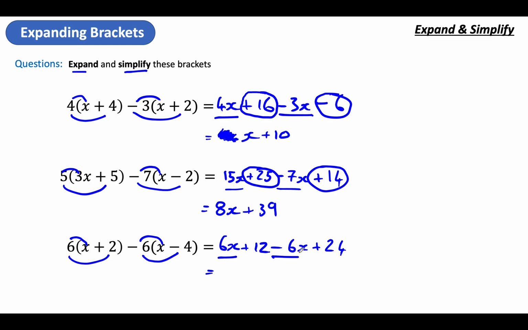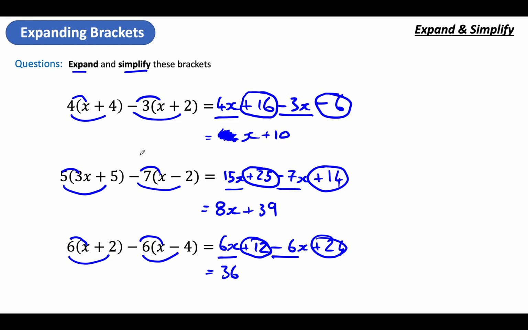It's like me, you've got no x's. All the x's completely disappear. We've got 6, take away 6, which leaves nothing. So we move on to the numbers. 12 plus 24 is 36. So actually this one just simplifies to 36. Very simple. Yep, well done if you've got all three of those.